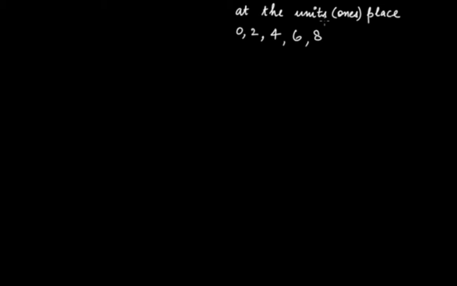So if at the units place of any number it has a 0, 2, 4, 6 or 8 digit, then that number will be divisible by 2.